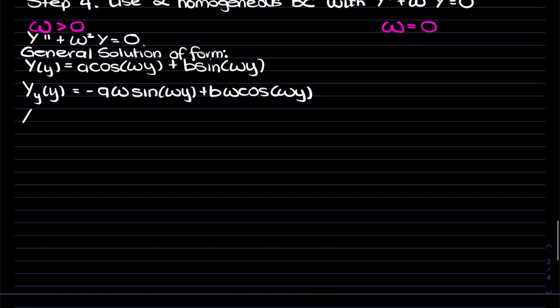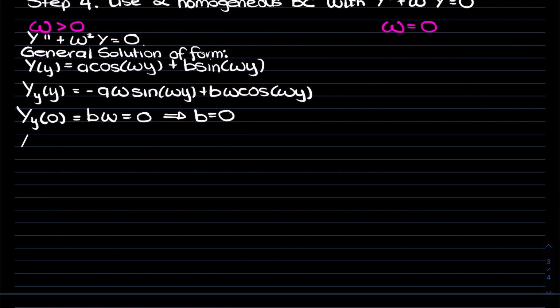So where y equals 0, we are going to get simply b lambda, and that has to be equal to 0. And this just implies that b equals 0 because in this case our lambda is greater than 0.